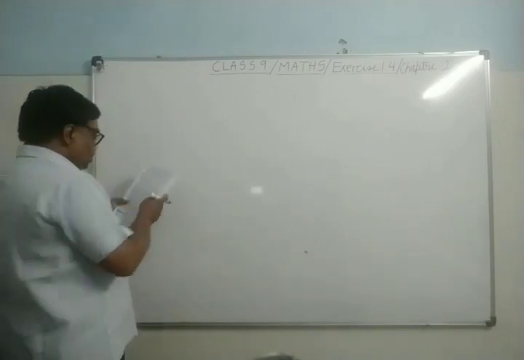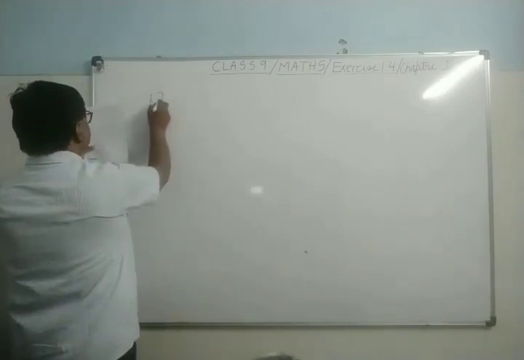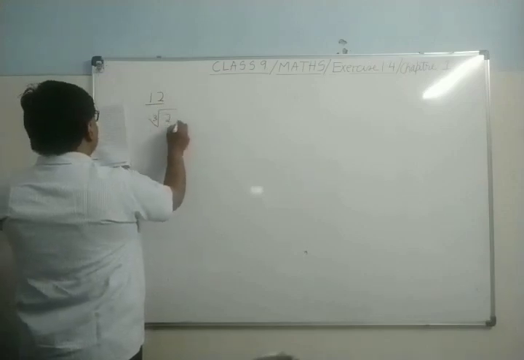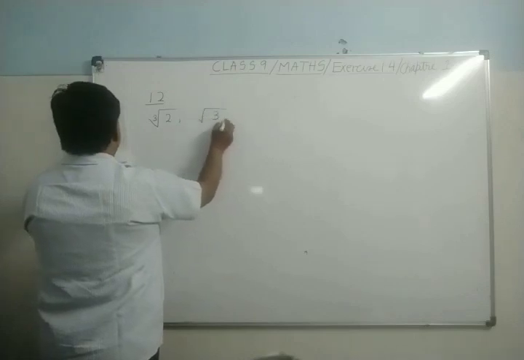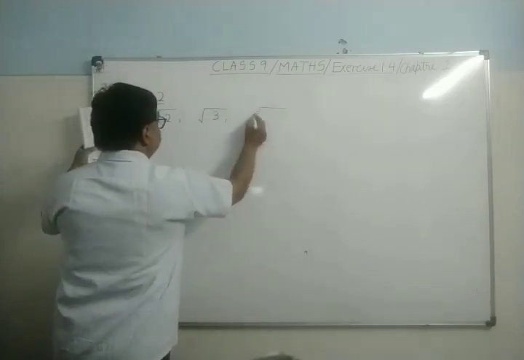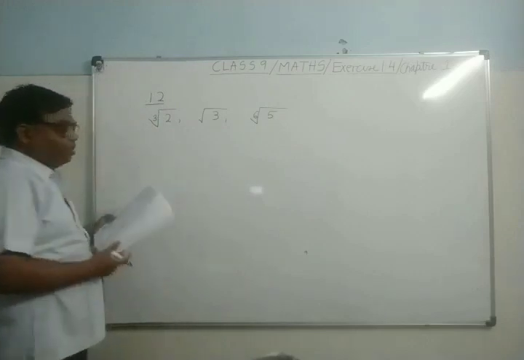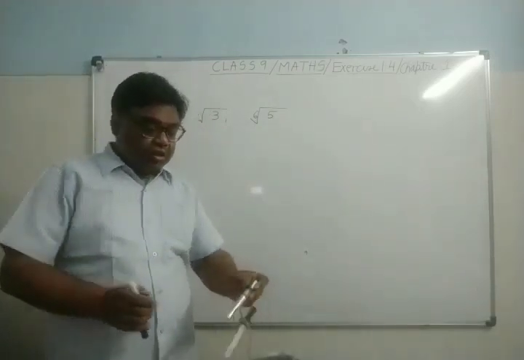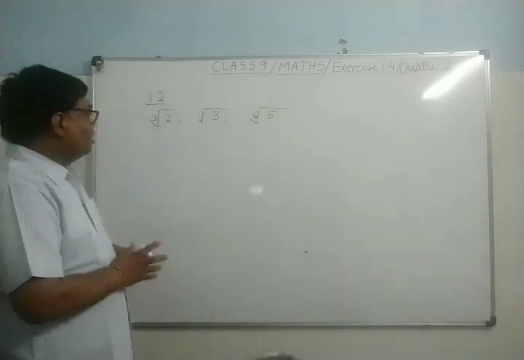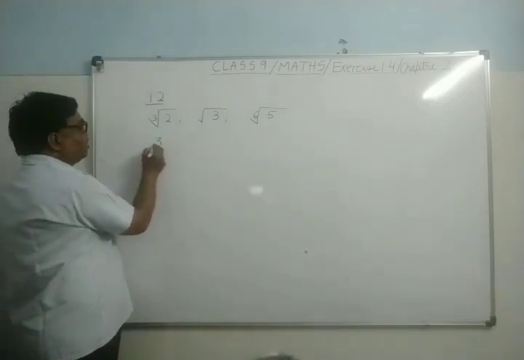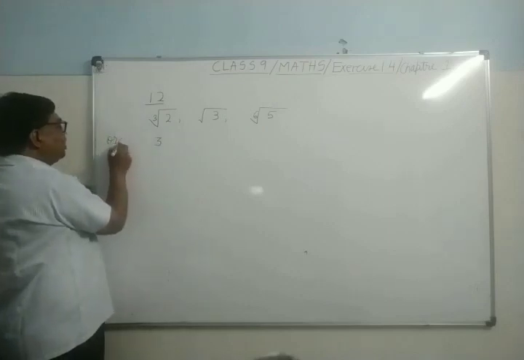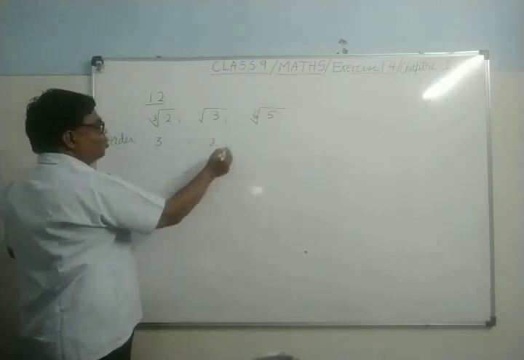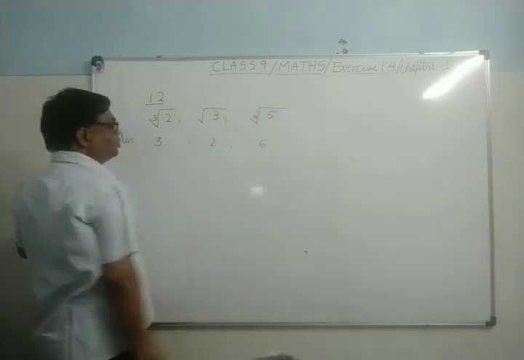Arrange the following in ascending order: cube root 2, square root 3 and sixth root 5. Is it clear? So you can see here, this is the surd of which order? It is the surd of order 3. Here I am writing the order. It is the surd where no number is written, which means it is of order 2. Here it is the surd of order 6.